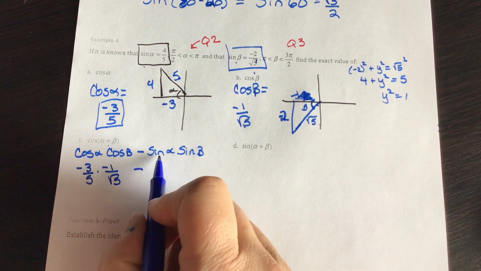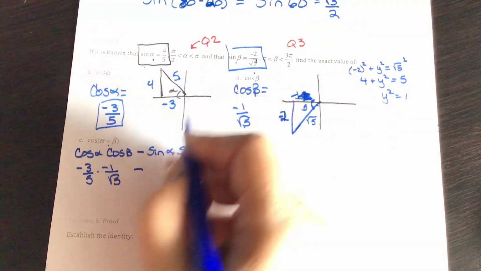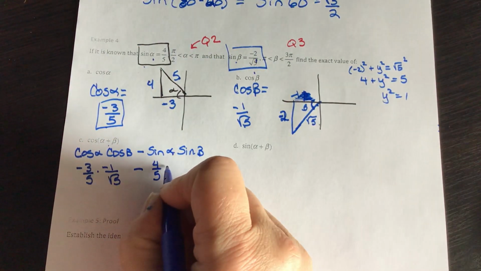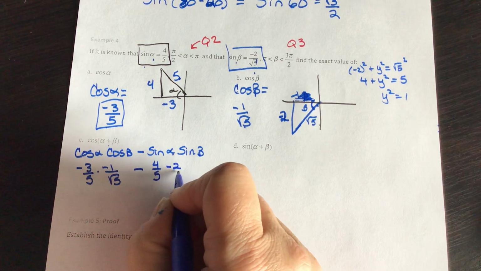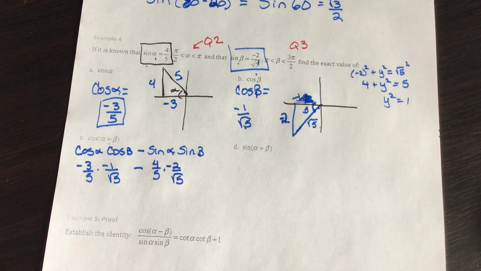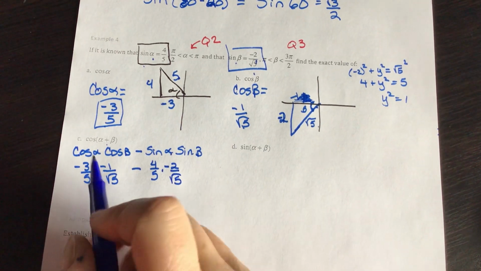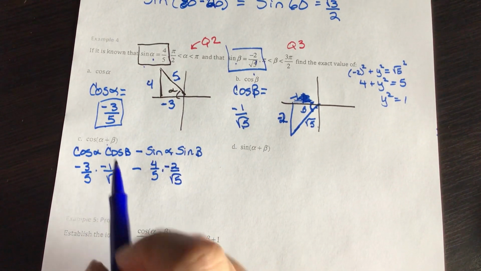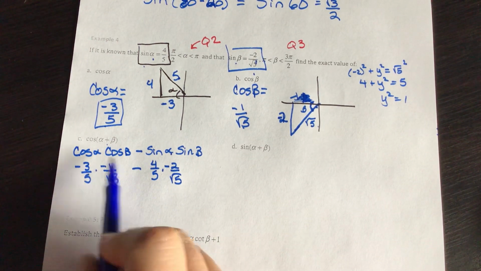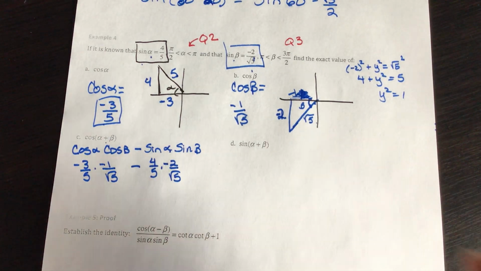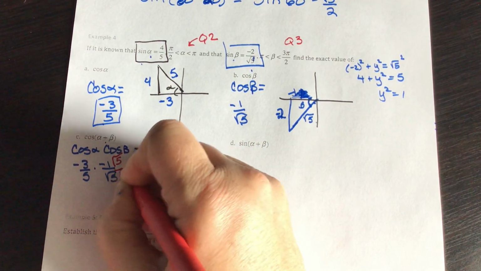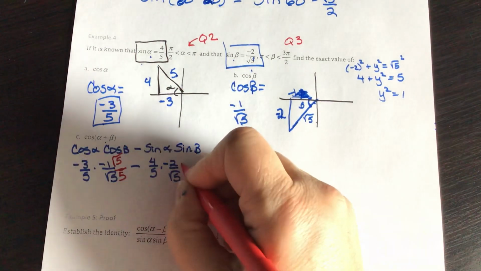Then I have minus sine of A is 4/5, and sine of B is -2 over square root of 5. All right, so here we have, and it might be easier now just to change this to square root of 5 over 5. It might be easier to do that for both of these.